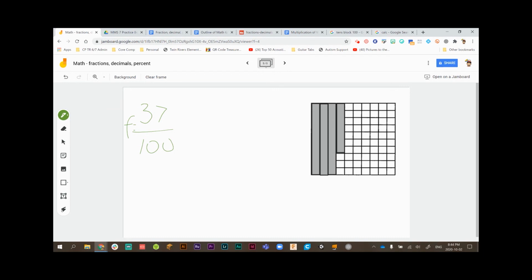And you're right, we divide the top by the bottom, which is 0.37. Now we need a percent as well. And if we go back to our picture, it's going to show us that we just take our decimal and multiply by 100. So our percent would be 37%.